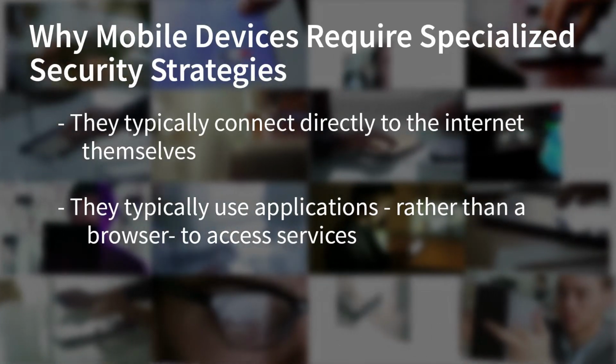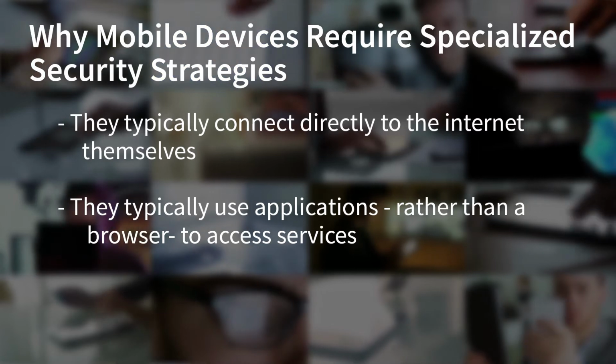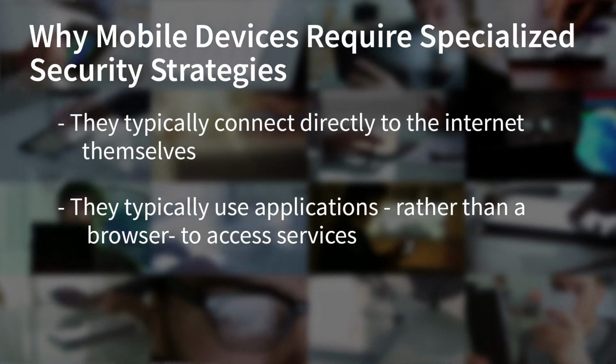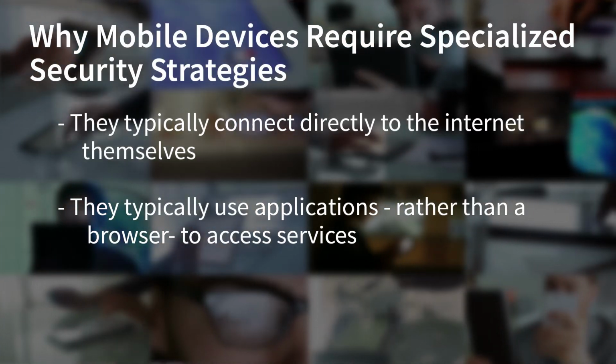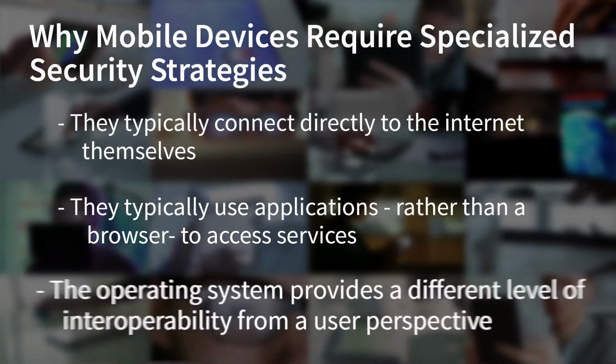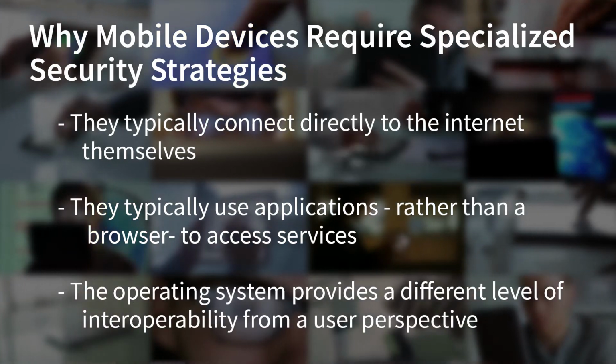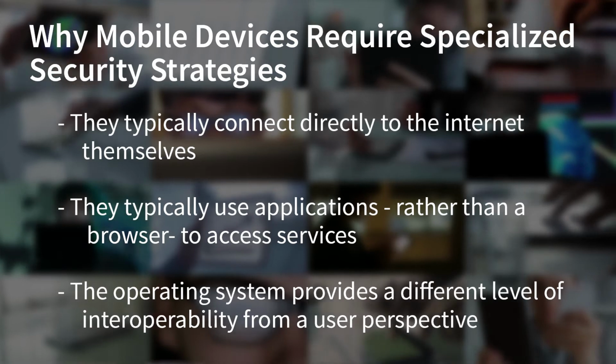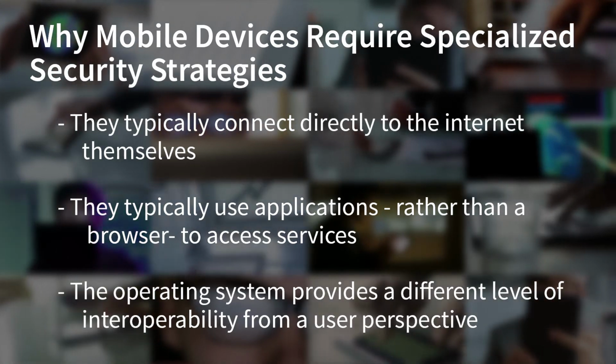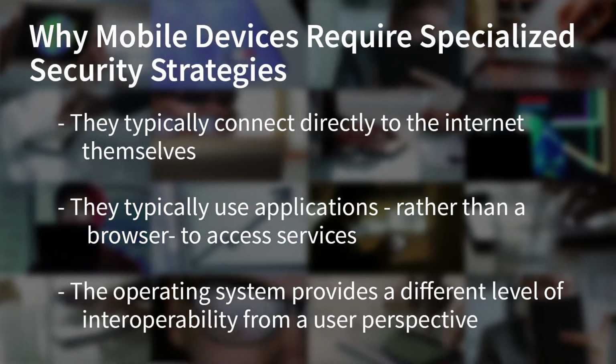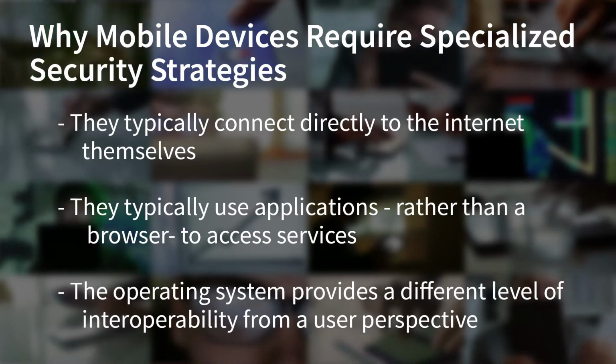Mobile devices typically use apps rather than the browser to access typical productivity and other SaaS services. Lastly, the operating system gives me a different level of interoperability with things like messages and so on from a user interaction perspective. Let me give you an example.